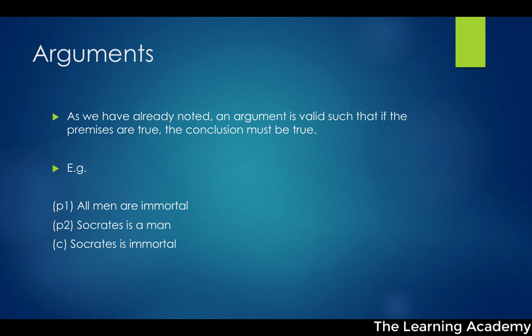Now, whether the premises are actually true or false is something we look at when examining the soundness of an argument. But for the purposes of this argument, if we were to assume that all men are immortal and that Socrates is a man, then the conclusion would have to be that Socrates is immortal. That's what a valid argument is.